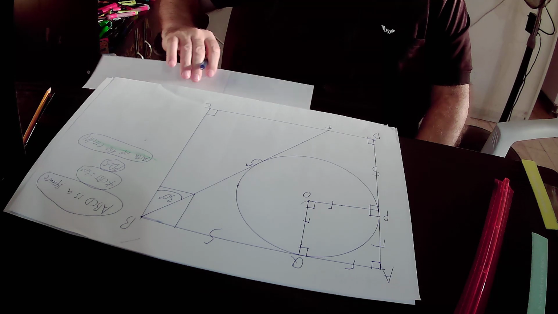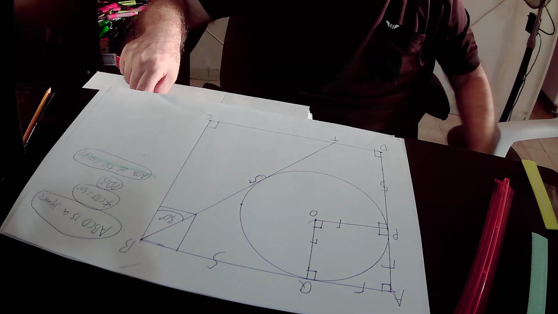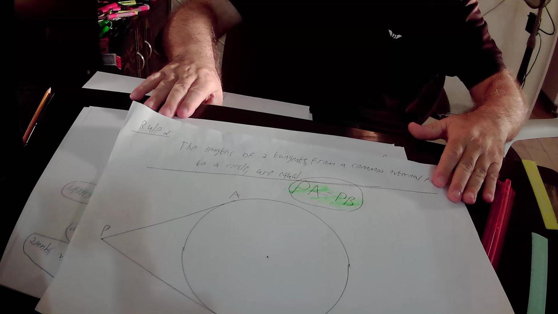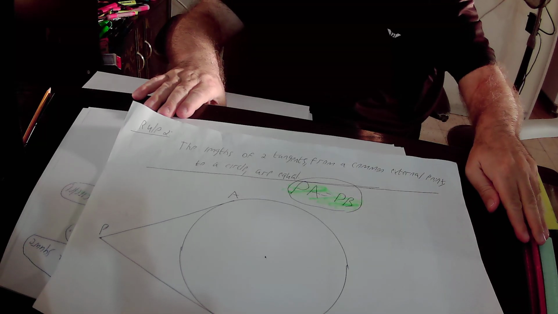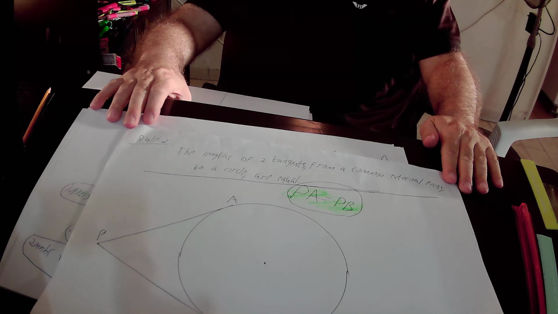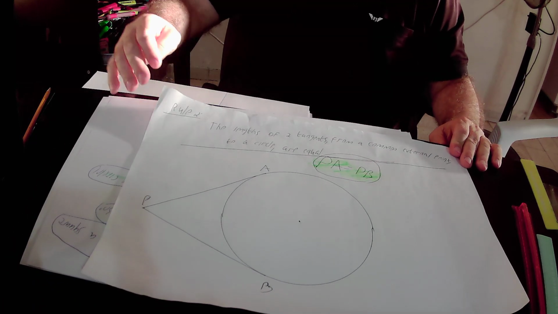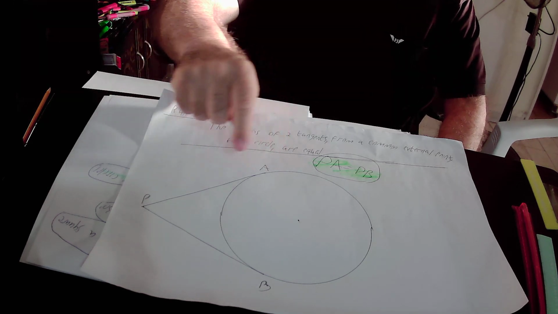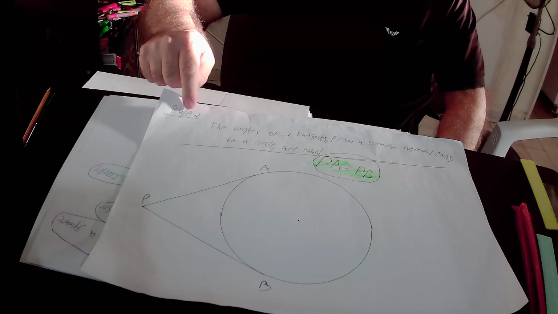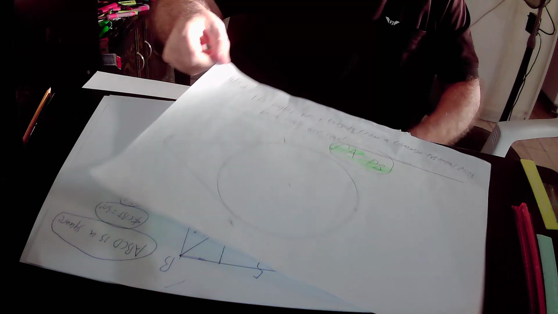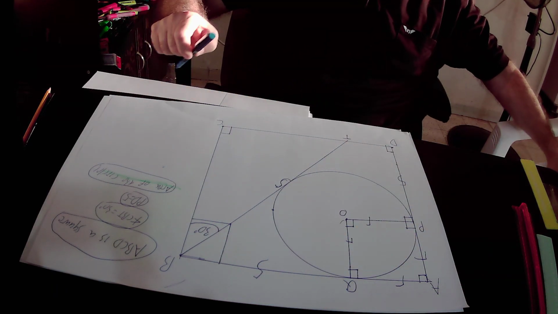In the next step, I will present to you rule number 2 and we will implement rule number 2 in our drawing. According to rule number 2, the lengths of two tangents from a common external point to a circle are equal. So we have the common external point P. From the common external point P, we have tangent PA to the circle and tangent PB. And according to this rule number 2, PA equals PB. We can implement rule number 2 in our drawing.